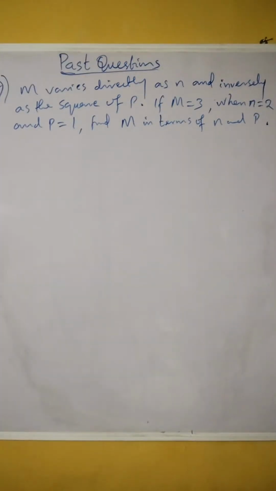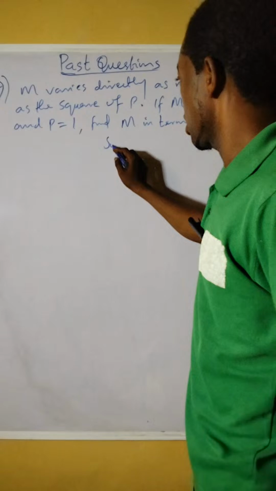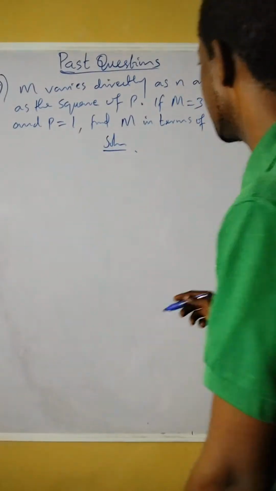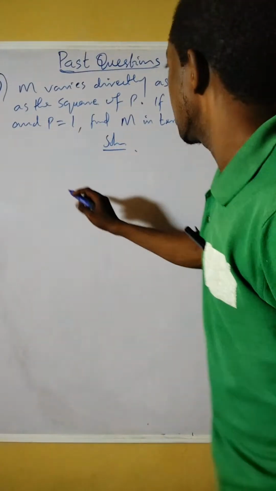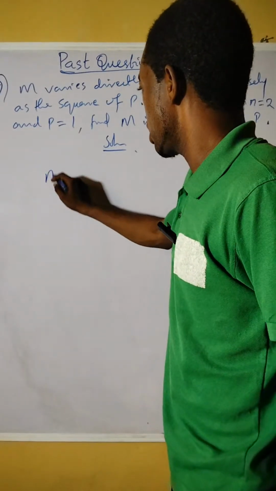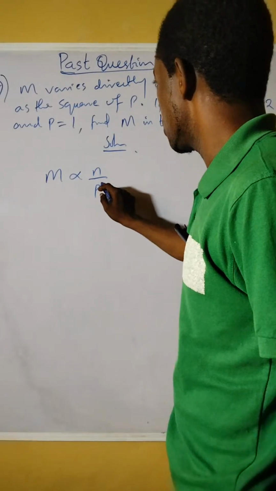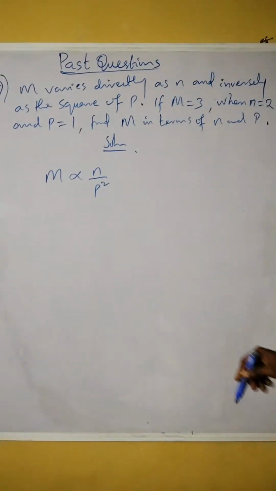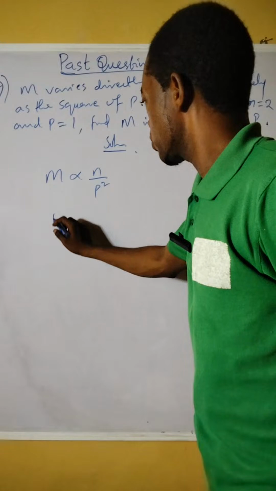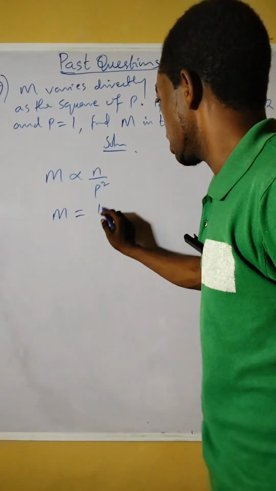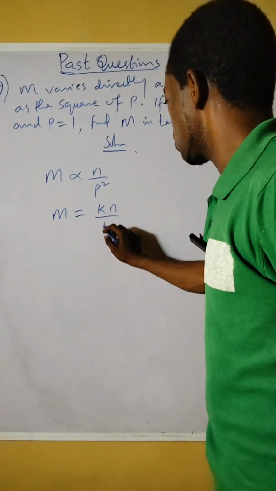So let's interpret this. m varies directly as n and inversely as the square of p. So m varies directly as n and inversely as p squared. That is, we can remove the sign of proportionality and we have m equals kn over p squared.